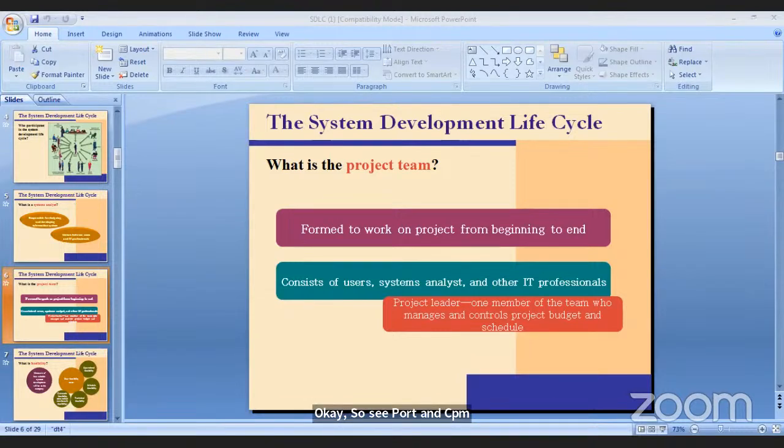So you see, PERT and CPM are the two techniques adopted by management to find an optimum schedule. And the optimum schedule consists of the minimum cost, time, and duration.